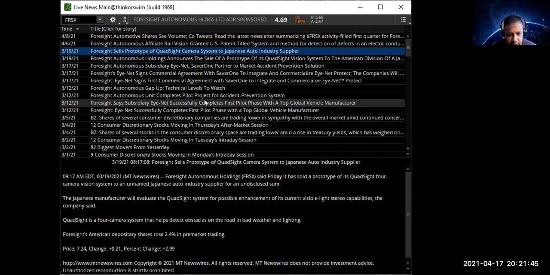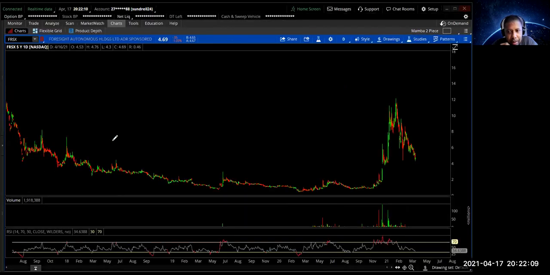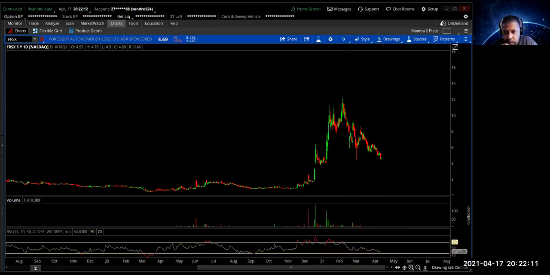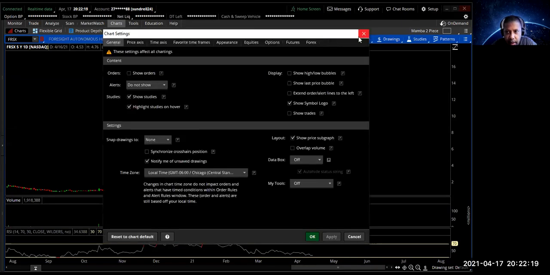I'm putting in $500, that kind of thing. But if it sells off like it's doing, because a lot of times when somebody sees this, quad sight camera system to Japanese auto, all the stuff looks sexy, the little statements in there. But when you get in, look at the chart. A lot of times I'm going to show you where we buy as a new investor, because you're going to get hyped up.